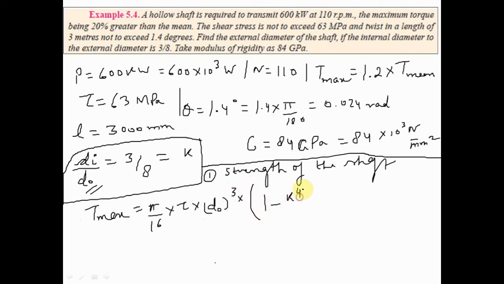This equation I have shown you in the first slide. If you remember, you can go back to the first slide, and if you have taken note, you will know that T max is equal to pi by 16 times tau times d outer to the power 3 multiplied by 1 minus k to the power 4.